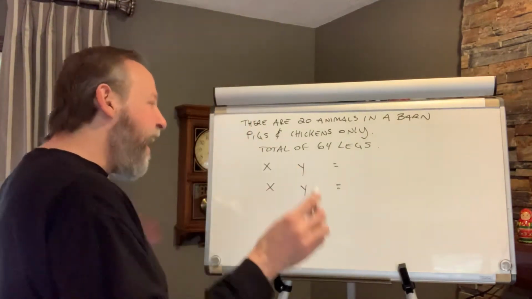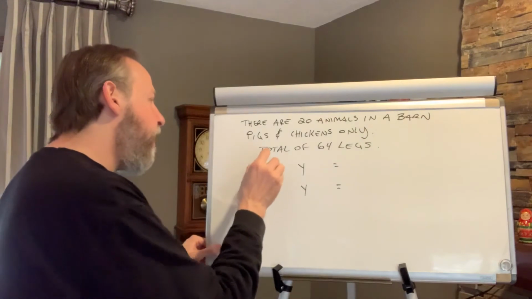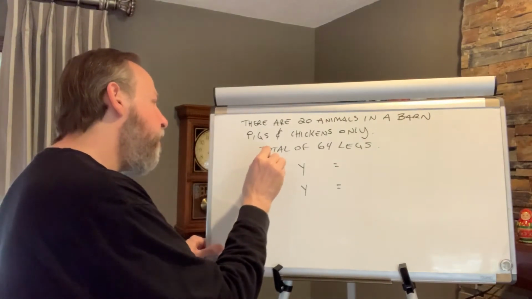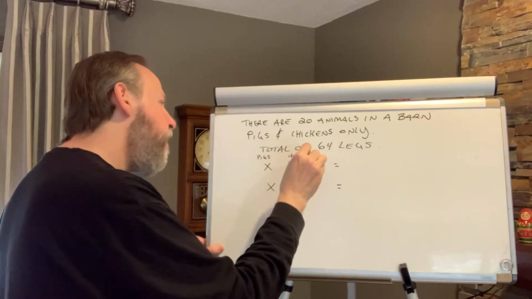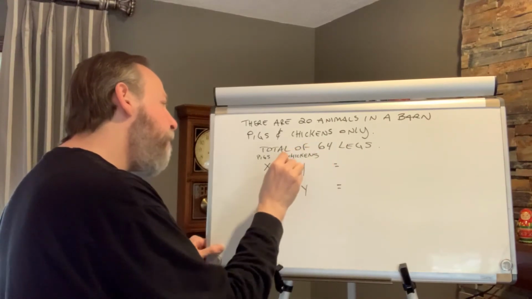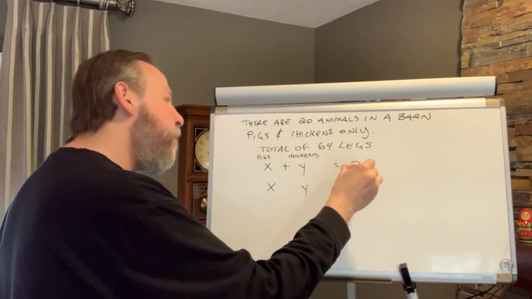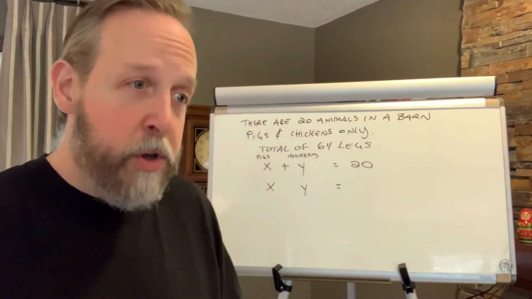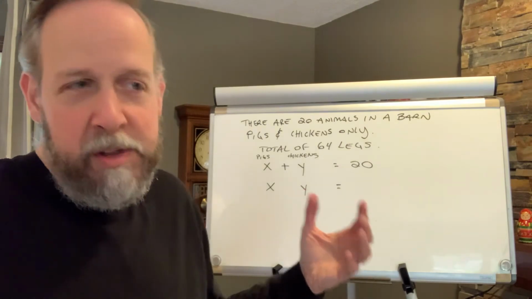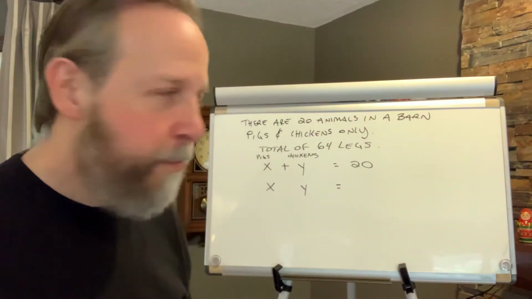So how many animals do we have? Let's say that X are the pigs and Y are the chickens. So we have pigs and chickens and there are 20 animals. So that line talks about the total things we're counting. Okay?